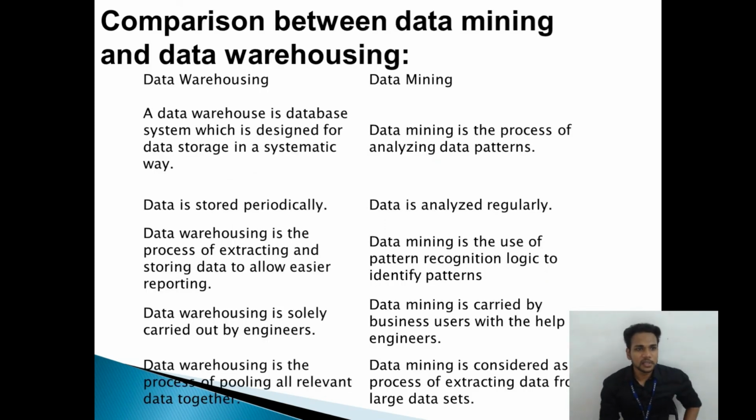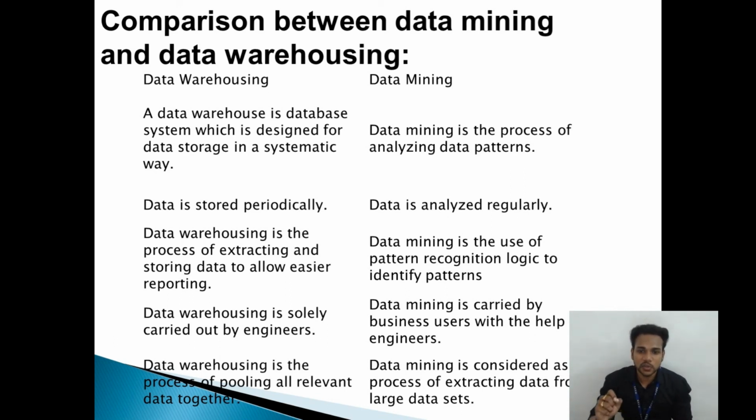The main differences between data mining and data warehousing. Data warehousing is the database which is designed for data storage, while data mining is a process of analyzing the data patterns. Data is stored periodically. Data is analyzed regularly. Data warehouse is the process of extracting and storing data to allow easier reporting.